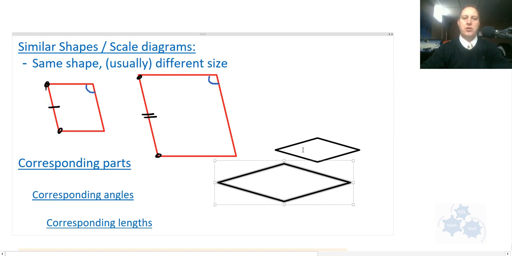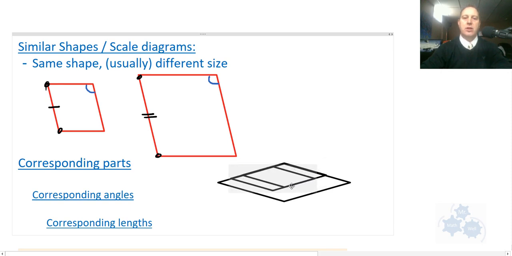If this was the original, this would be the model or the representation. This would be smaller. But what about the corresponding angles? Here's what's kind of cool about this. I'm just going to overlap these and check out the angles. They're exactly the same, those two angles, aren't they? Different size, but the same shape means that corresponding angles are identical.